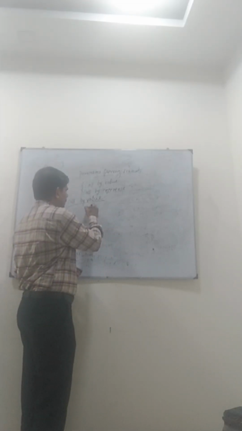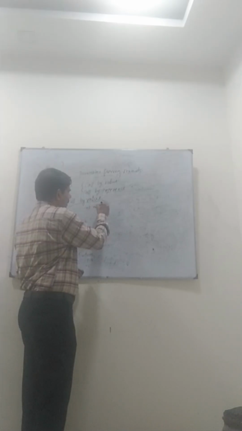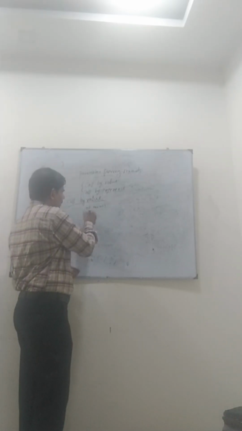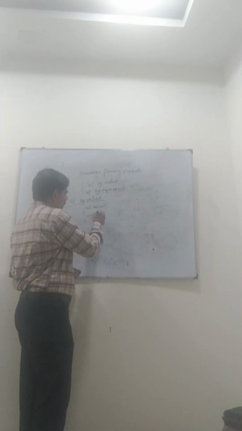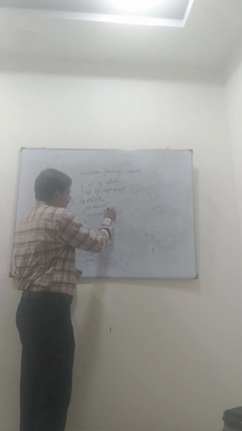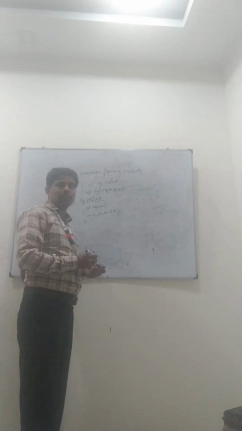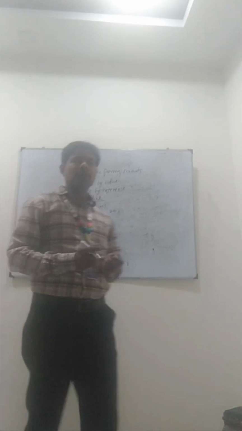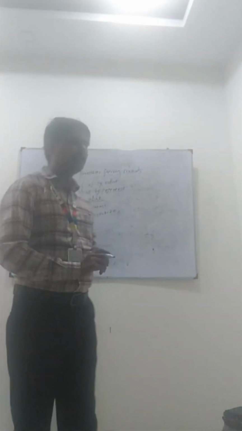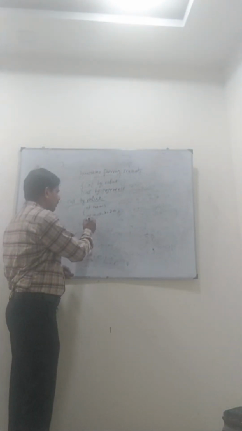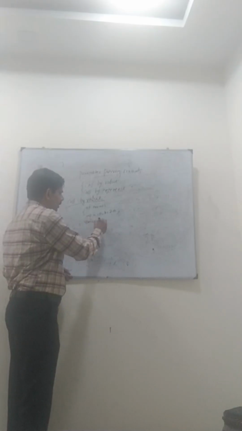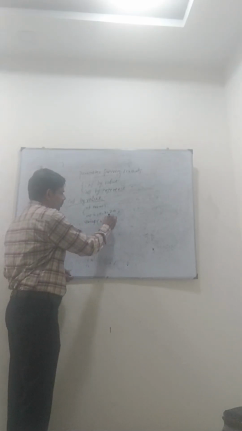Integer main, now this is the main program. Integer a value becomes 10 and b value becomes 20. Okay. Now the function call, swap of a comma b.